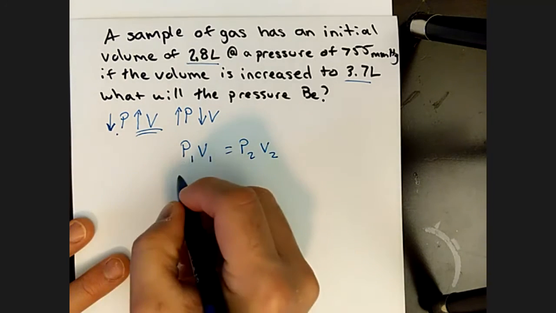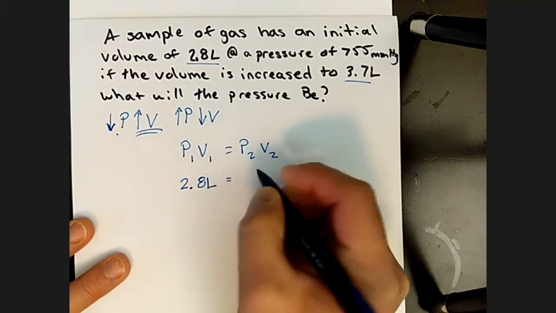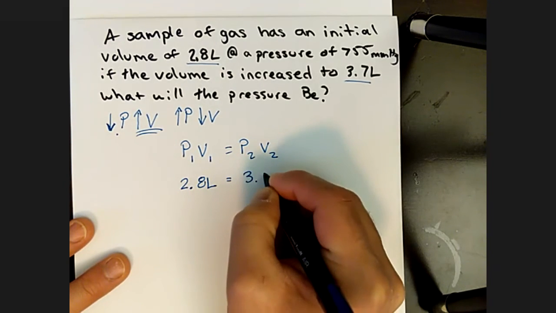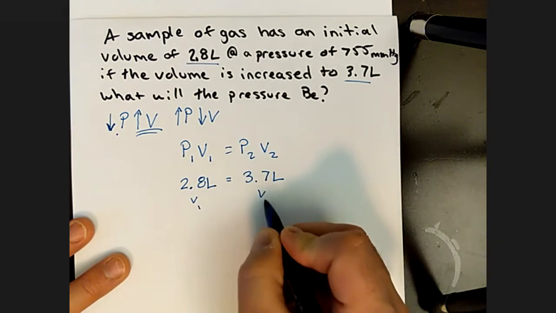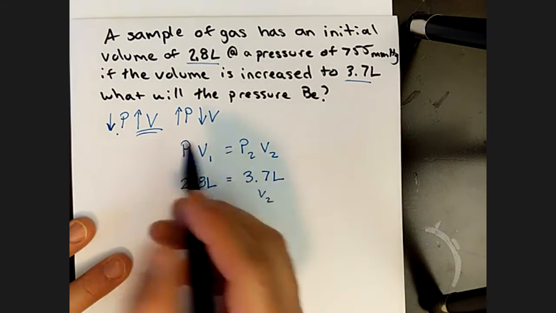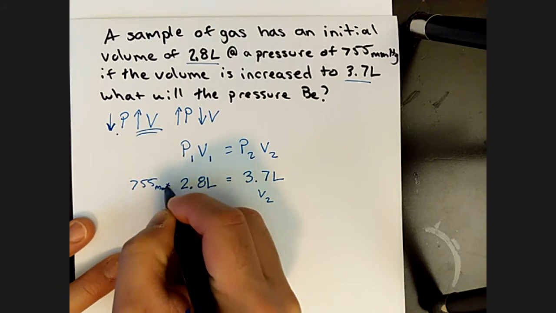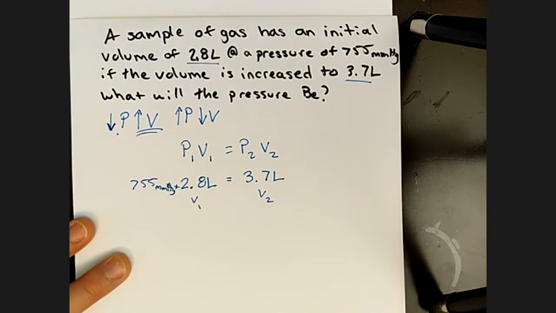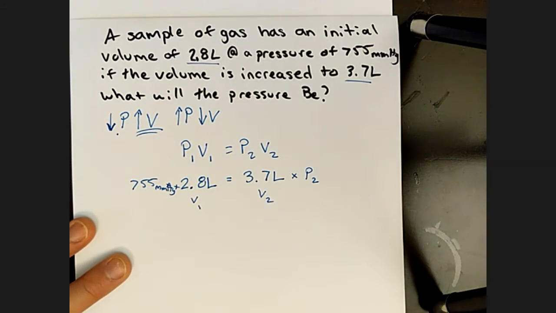So we have 2.8 liters and 3.7 liters. Those are our volumes, V1 and V2. My initial pressure is 755 millimeters of mercury, and then you just have a second pressure value.